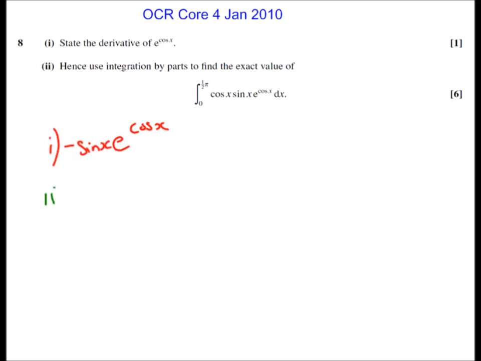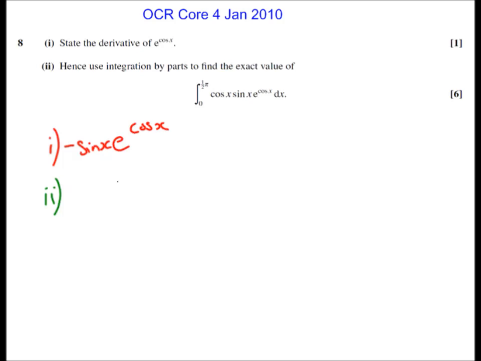And then part II, here we've got the integral, and the key thing to spot is this section, the sine x e to the power cos x, is similar to what we had previously, but it's out by a constant. So the question is, integrate cos x sine x e to the power cos x dx.